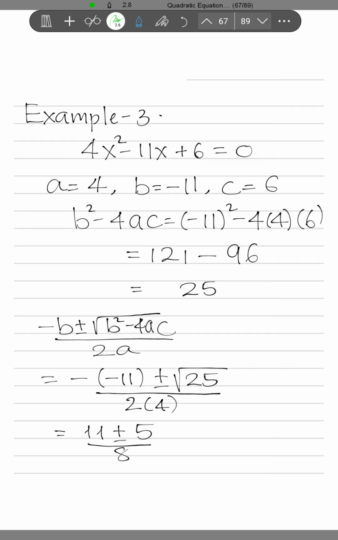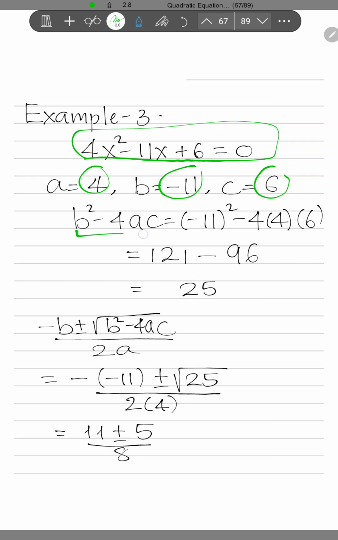We have another example here. The equation is 4x squared minus 11x plus 6 is equal to 0. The value of a is 4, b is minus 11, and c is 6. b squared minus 4ac, which is the discriminant value: b squared, which is minus 11 squared, is 121.